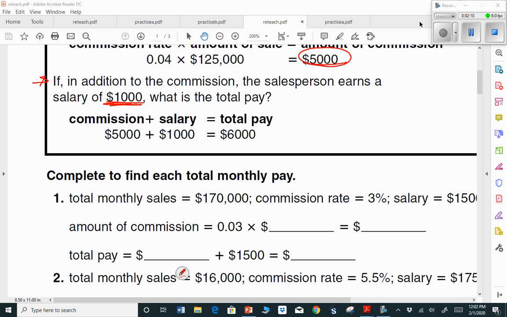And so here's another formula for you. If the real estate agent earns both a commission and a salary, you basically add them together to get their total pay. So $5,000 for having sold the house and $1,000 just for working there each month. And that equals a total of $6,000 for that person's pay.